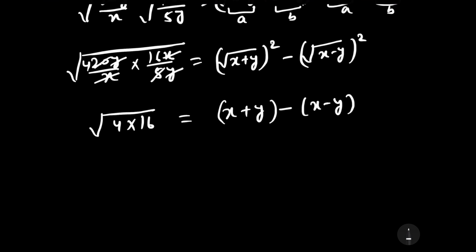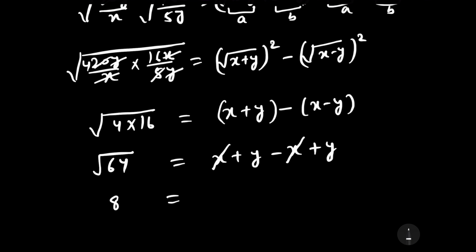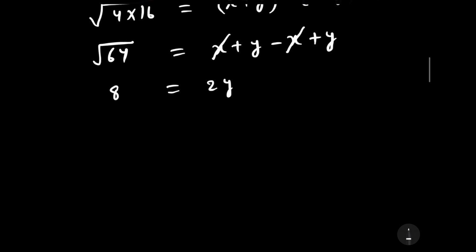Further solving it, we will have 16 into 4 equal to 64, square root is equal to x plus y minus x plus y. Then minus x will be cancelled out with this plus x, and square root of 64 will be equal to 8, and y plus y will be equal to 2y. Therefore, the value of y will be equal to 4.